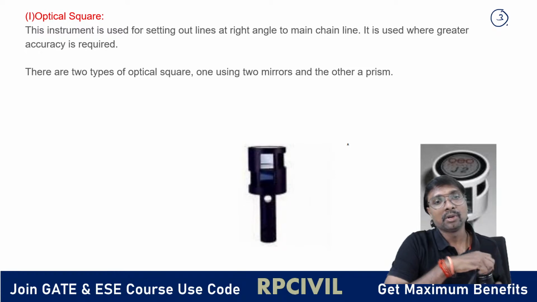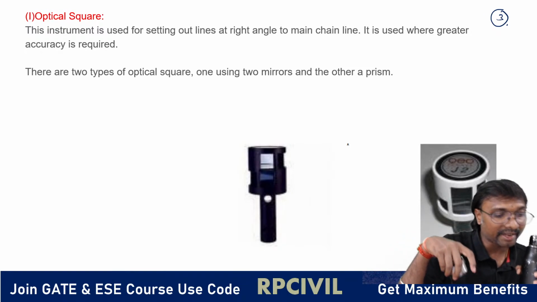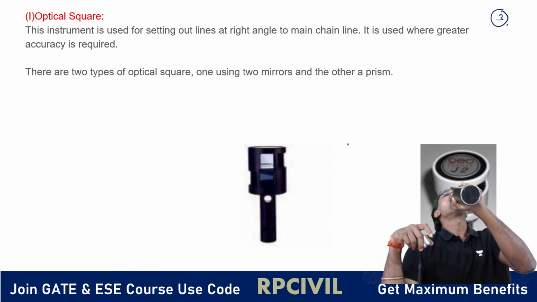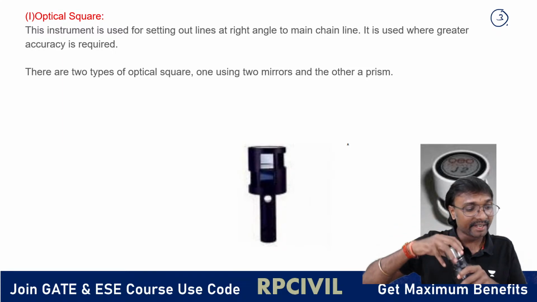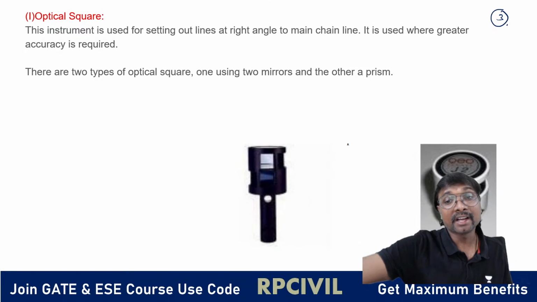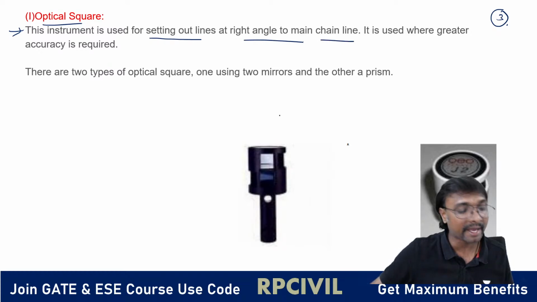Now, what is another instrument? It is your optical square. Have you observed this kind of instrument? It also looks similar to the line ranger. This is an instrument used for setting out a line at right angles to the main chain line.